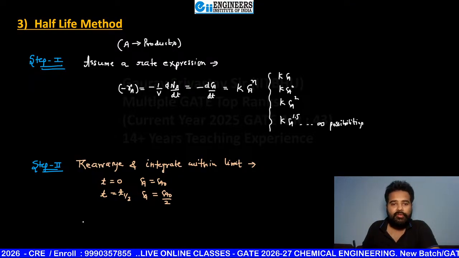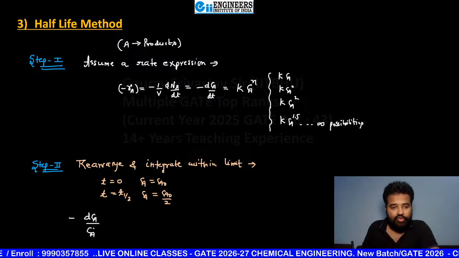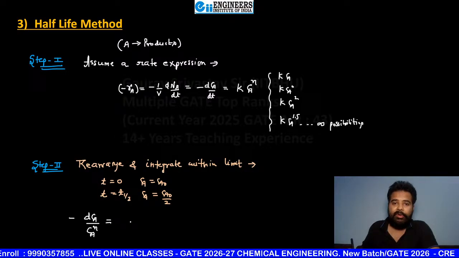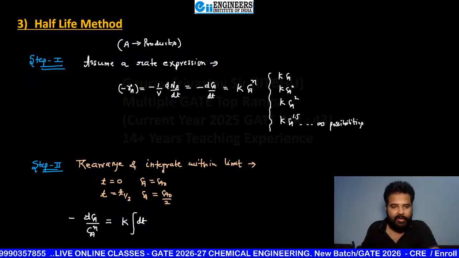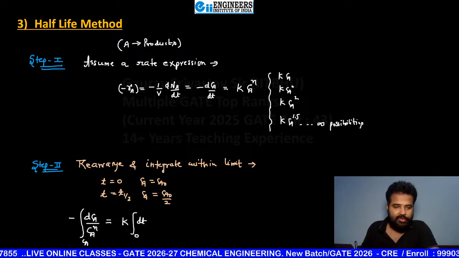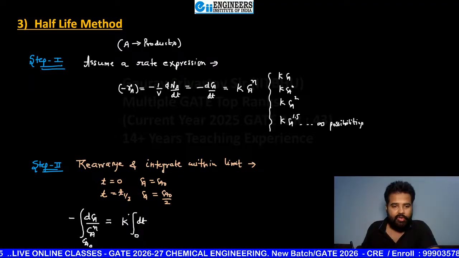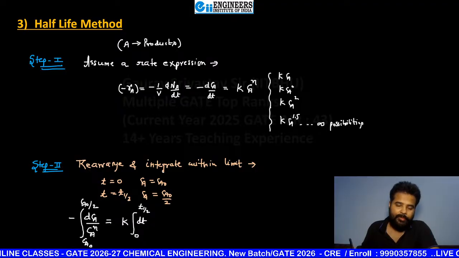So what you will get: minus dCA upon CA raised to power n equals k dt, and just integrate it. When time is 0, concentration is CA naught. When time is t half, concentration is CA naught by 2.